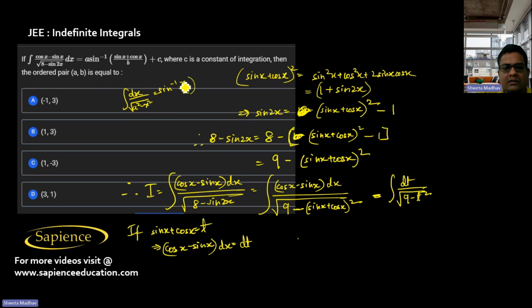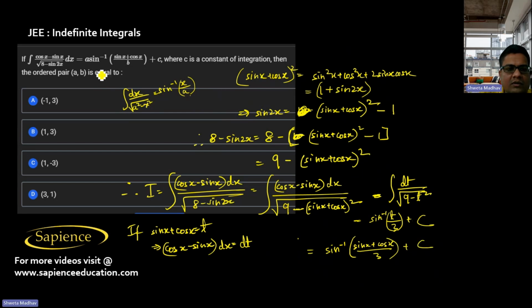So now this 9 I can write as 3 square. So this will be equal to sine inverse of t by 3 plus c, that is sine inverse of (sin x plus cos x) by 3 plus c.